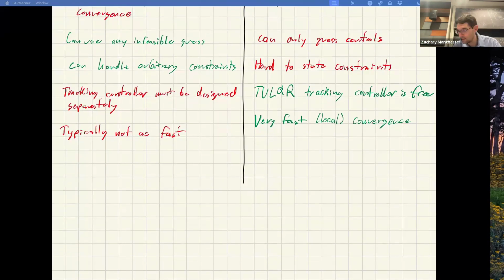Similarly, it's pretty hard to write a large scale QP solver. That's a hard thing. Large scale SQP. Whereas it's actually pretty easy to implement your own DDP.